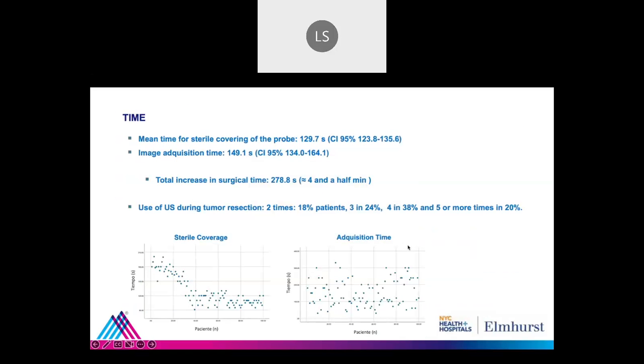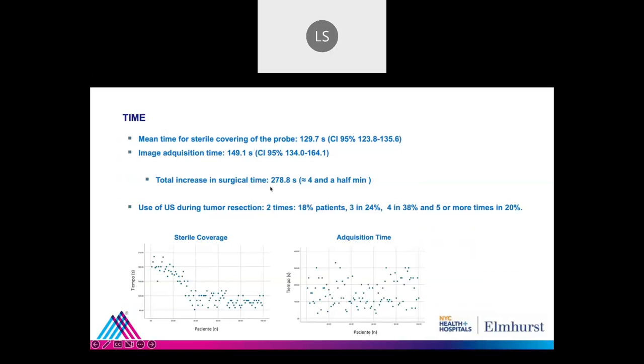We don't have time. And then in terms of time, we studied the time that it took us first to cover the probe with the sterile drape, and it was 129 seconds. And then the time that we spent during the surgery using the ultrasound was 149 seconds.